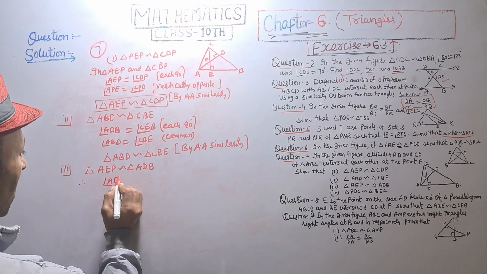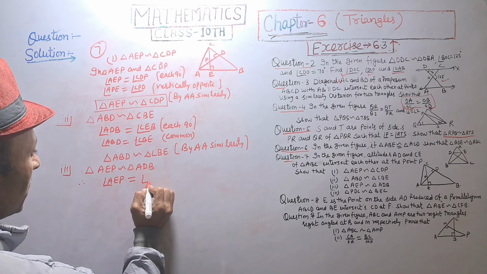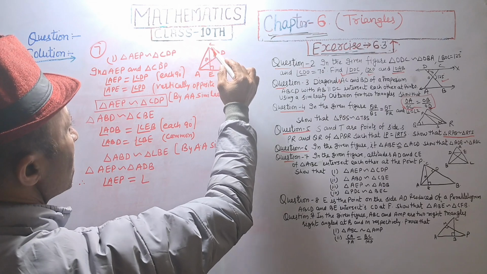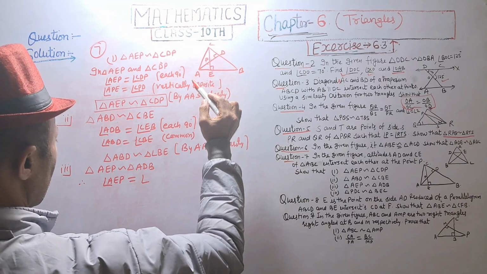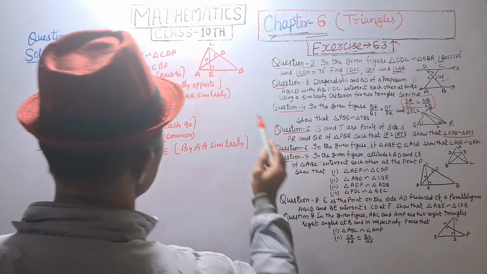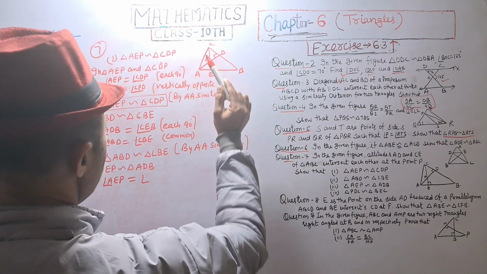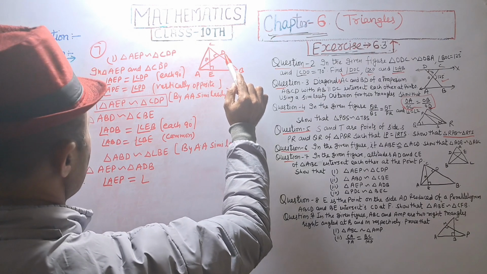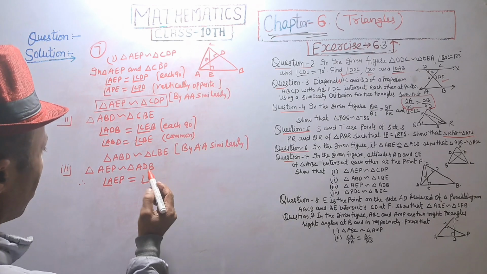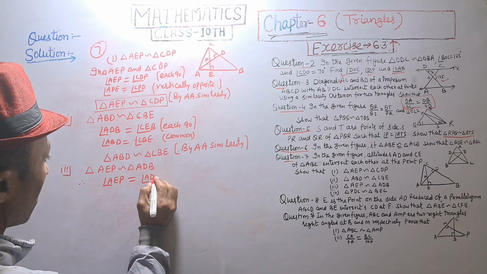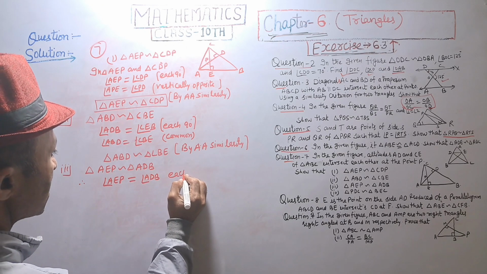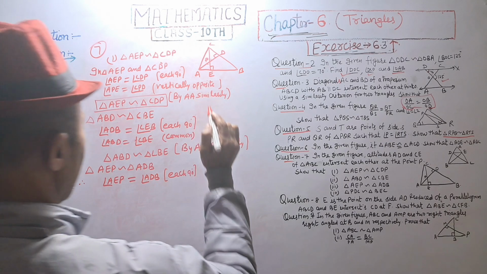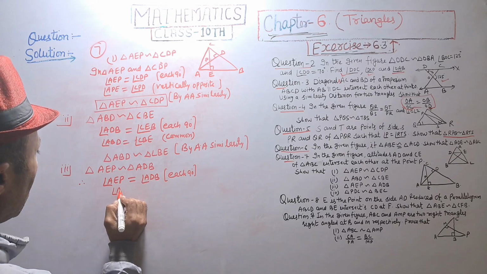Angle AEP is equal to angle ADB, each 90 degrees, and angle A is equal to angle A, common.